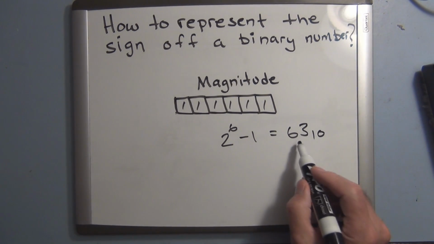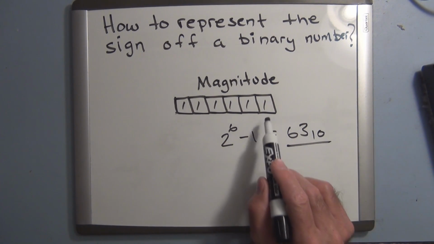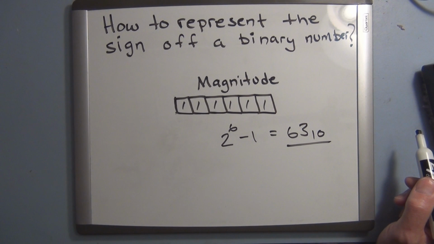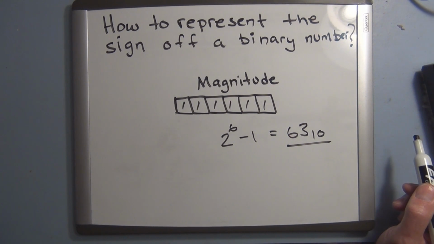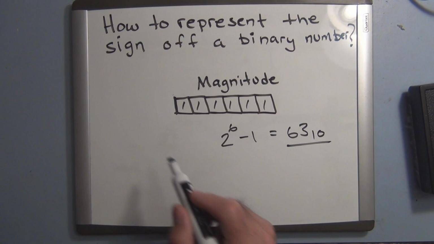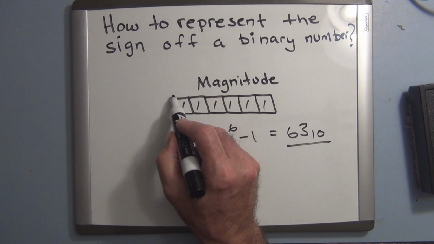So that's the highest magnitude number that we can store with a 6-bit register. So we need an agreed upon way of assigning a sign to this magnitude. So what we're going to do is add a sign bit to this magnitude.